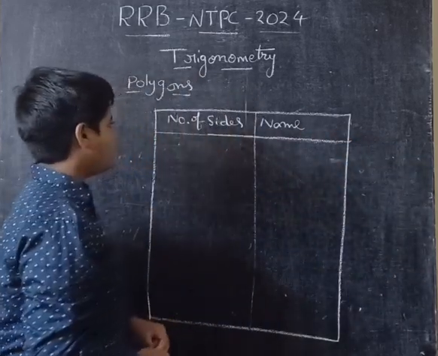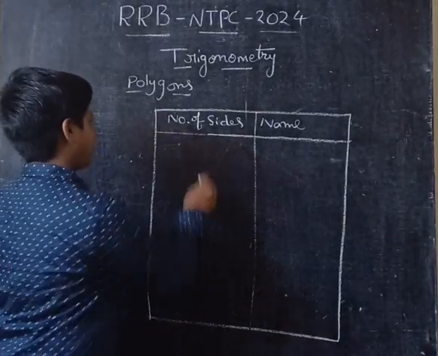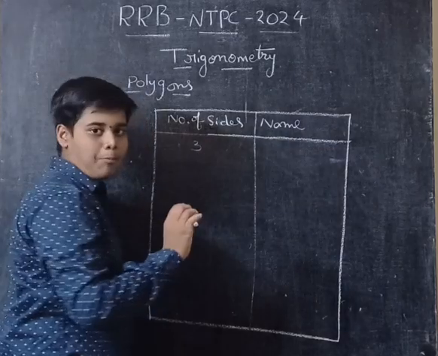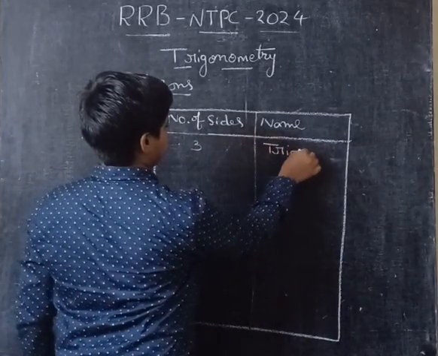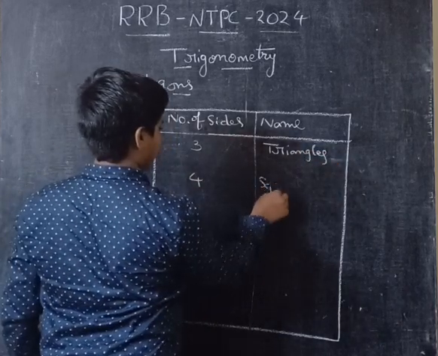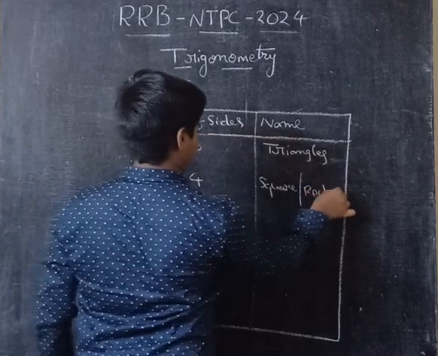So, there is no name for one and two sides, from three sides only it starts. So, a polygon with three sides means triangle. Four sides means square, generally square or rectangle also.